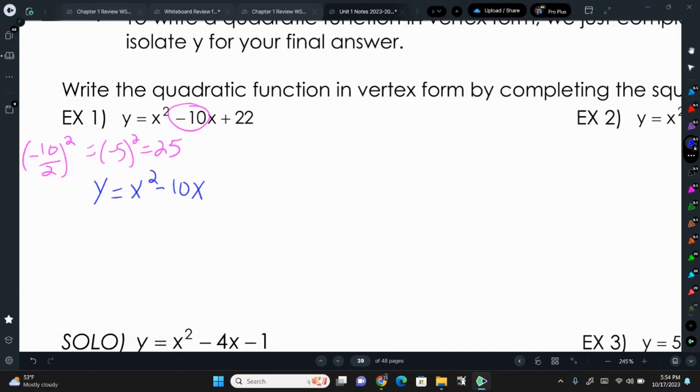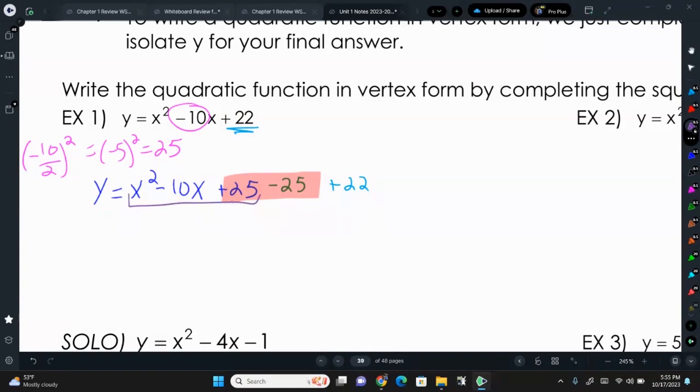So what we're actually going to do is we're going to add 25, but we're also going to subtract 25, because this right here is really equal to 0. So I didn't change anything in the equation. And then remember, we had this plus 22 right here. All right, so now I'm going to factor this.